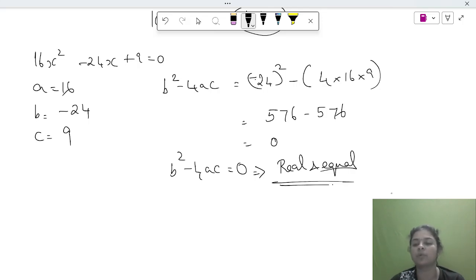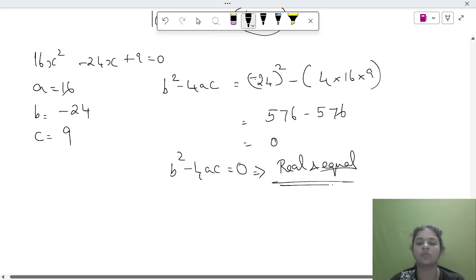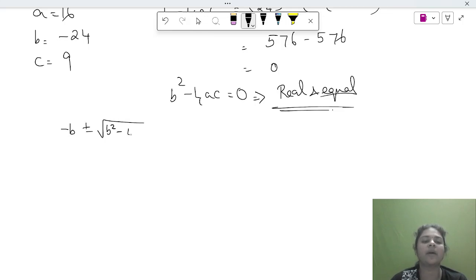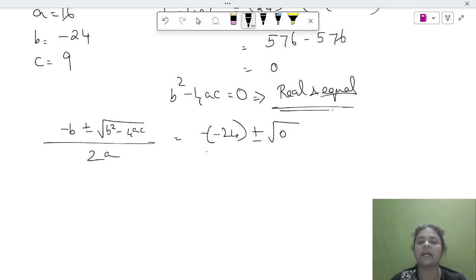And what will be the root? If you want to calculate the root in this case also, we can use this formula directly: minus b plus or minus root of b square minus 4ac by 2a. Now minus b is minus of minus 24, plus or minus root of b square minus 4ac, which we have already found to be 0, by 2a, 2 into 16. So you can solve: 24 plus or minus 0.